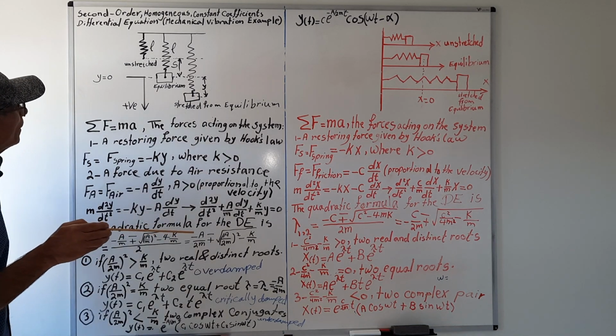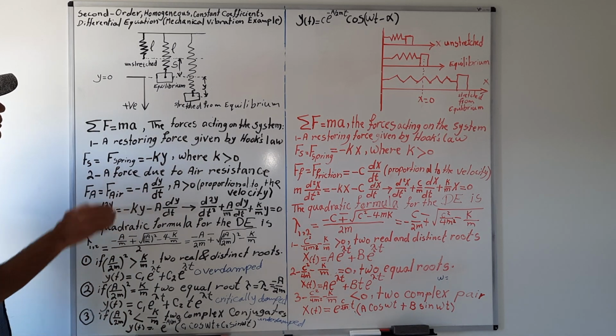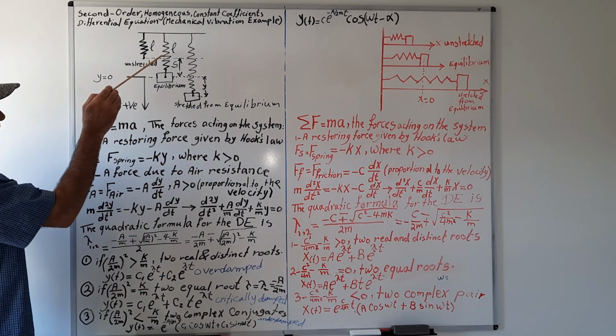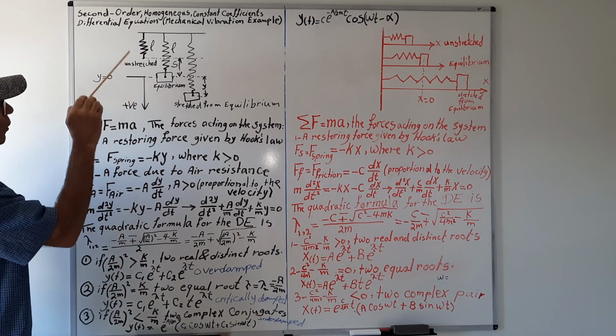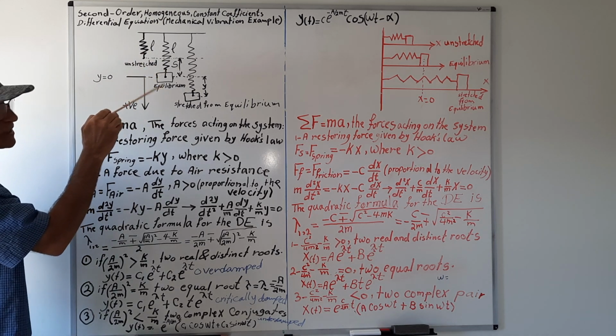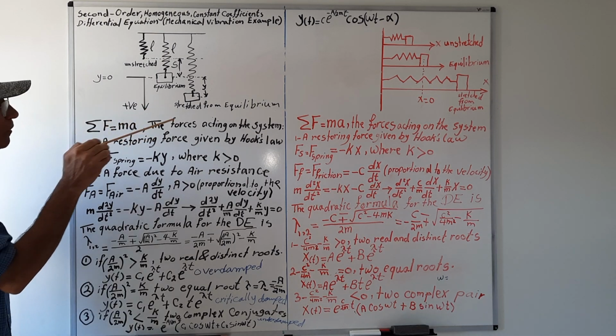And k depends on the diameter of the wire of the spring, the diameter of the coil, the number of coils, and the material the spring is made of.